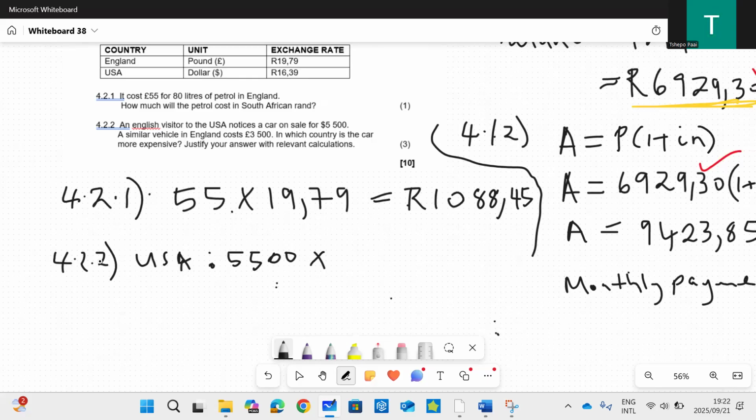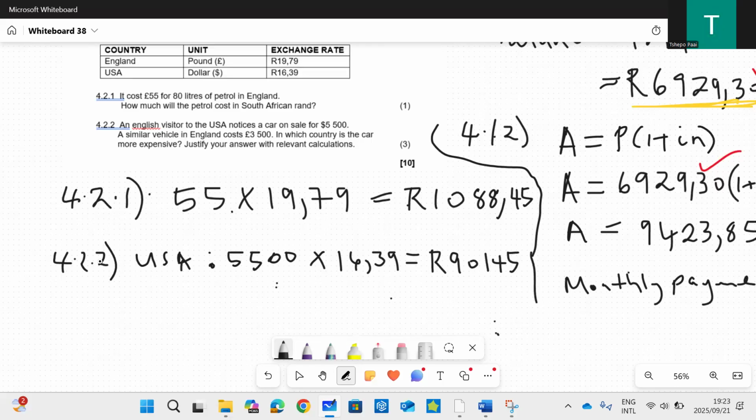So we take that 5,500, multiply with 16.39, which gives us, what do we get? 90,145 rand. So that will be the cost of the vehicle in rands.